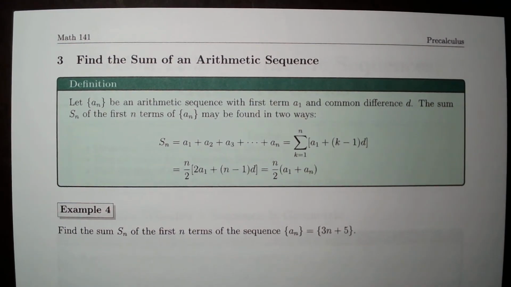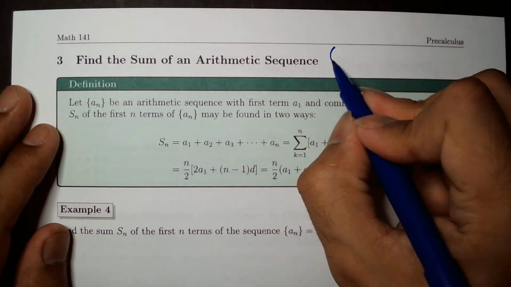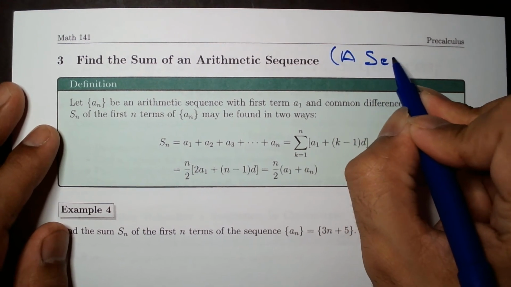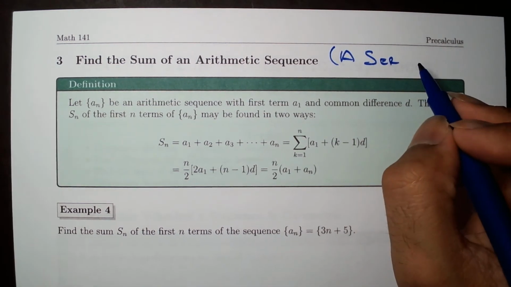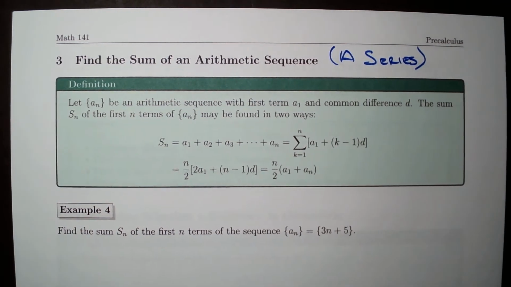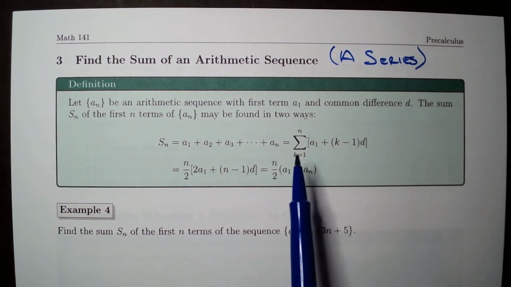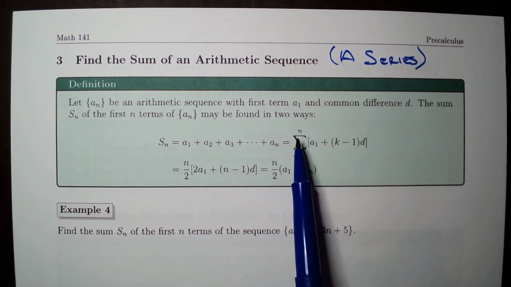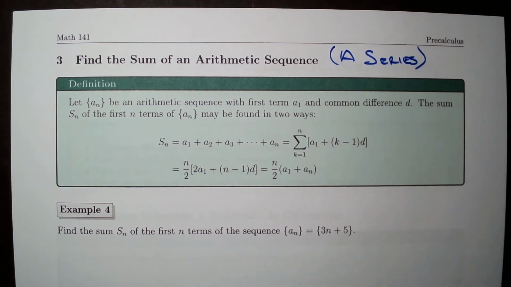All right, so let's move on to the sum of an arithmetic sequence. Well, what do we know about the sum of a sequence? That's basically a series. Every time we have a sequence, we just list the numbers. But when we add those numbers, you can tell that by the sigma or summation symbol.